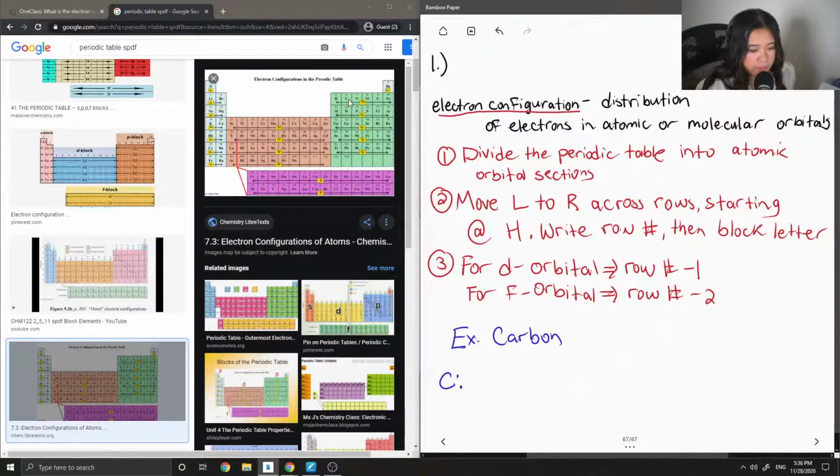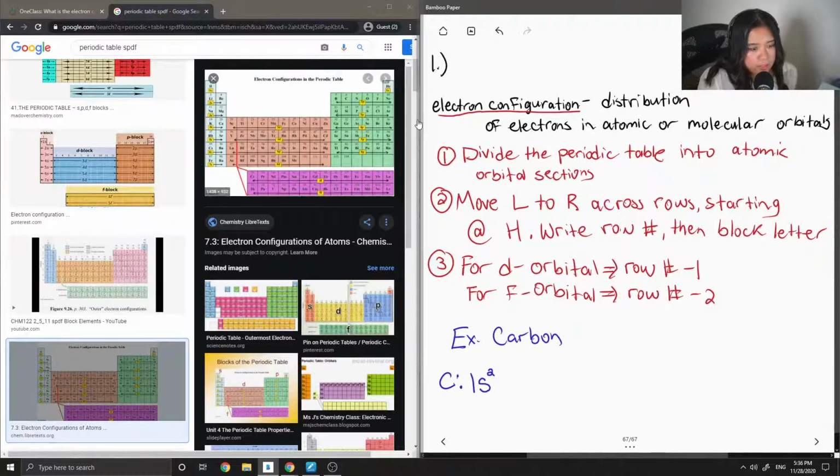So the row number starting at hydrogen is 1, and then its block letter is S, and then going across, helium is also in the 1s orbital, and to show that there are 2 electrons, the 1 in hydrogen and the 1 in helium, I put 1s2.